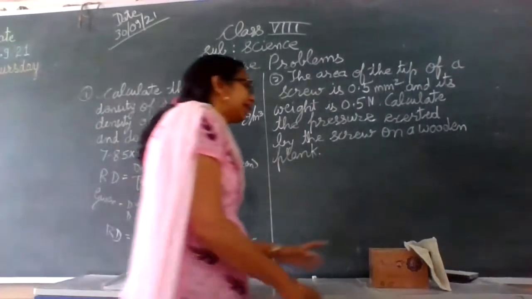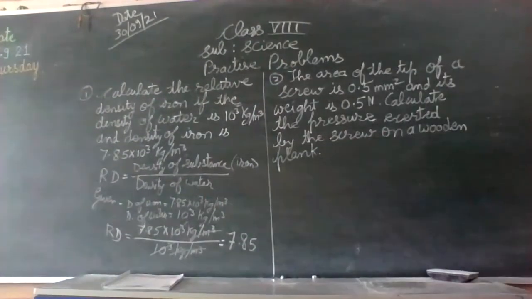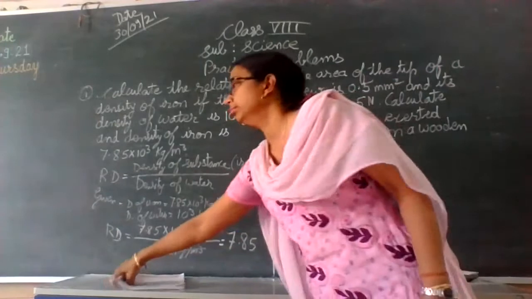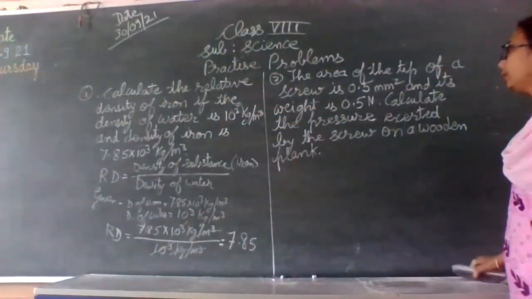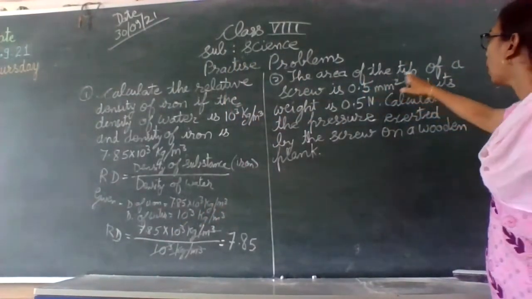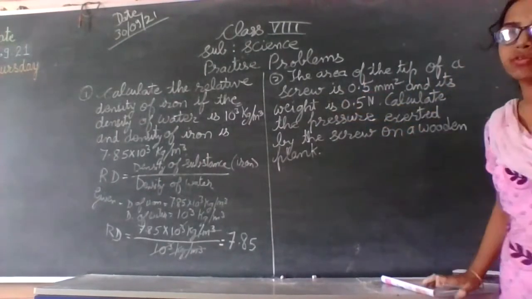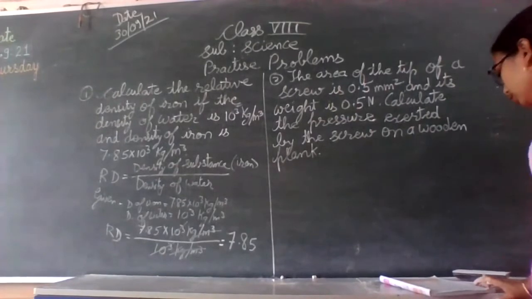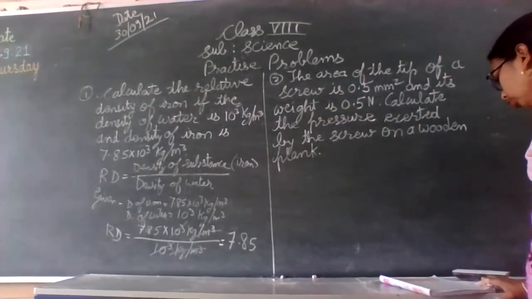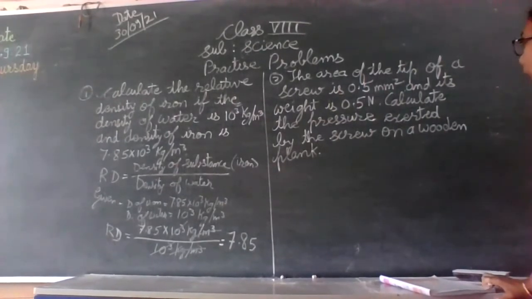Now come to the next problem. Here you can see what is given. The area of the tip of a screw is 0.5 millimeters square. So how much area of the screw is touching?